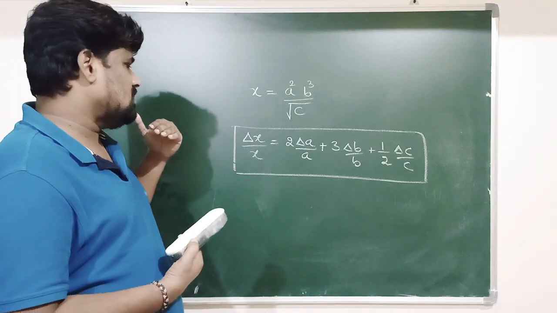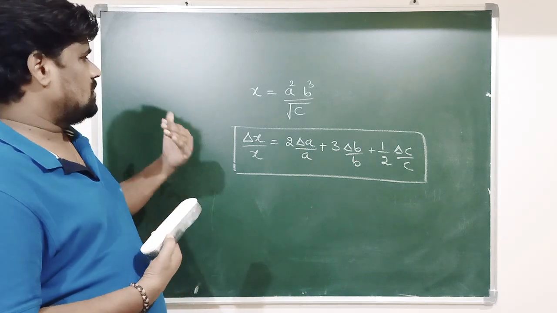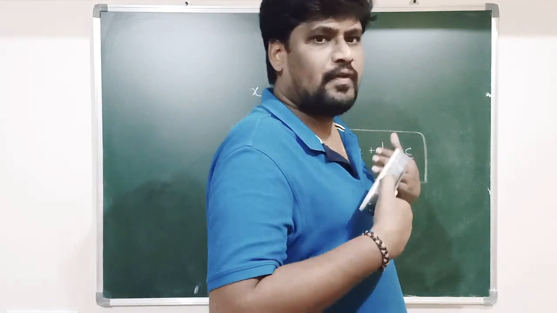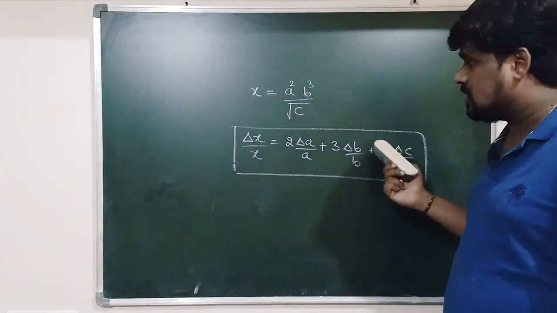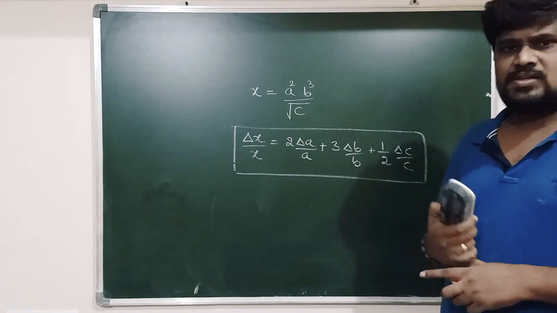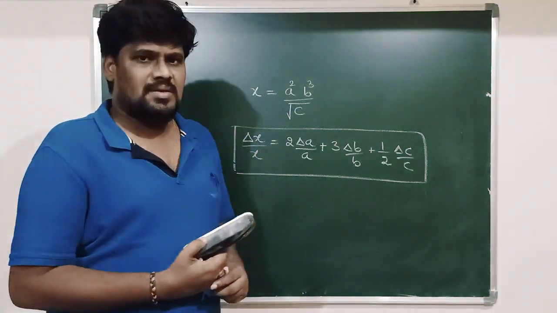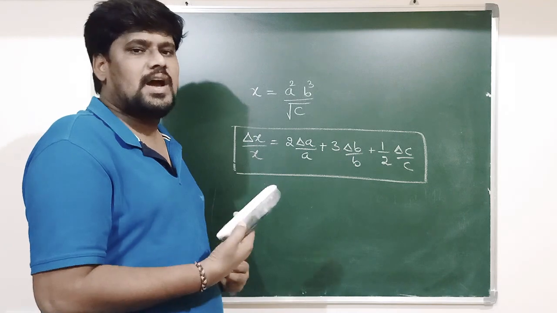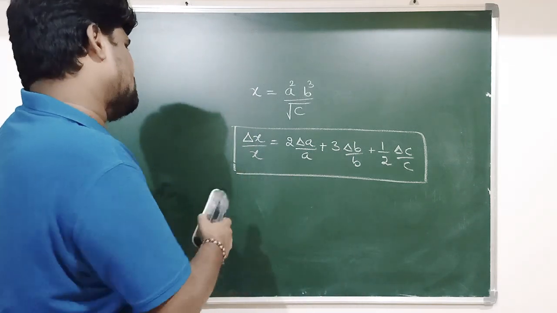So this is how we are going to use the formula to estimate the fractional change in some physical quantities. I will explain this concept by taking some examples which are in other lessons of the PUC first year syllabus.